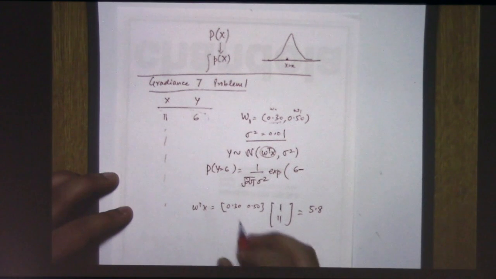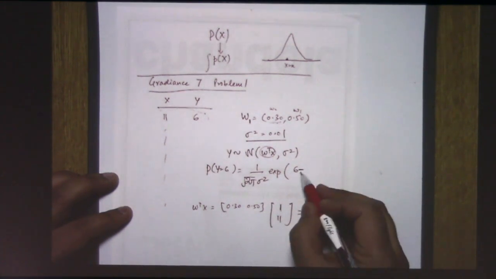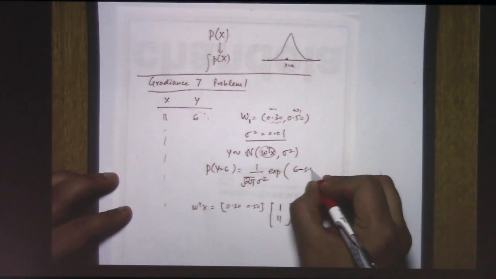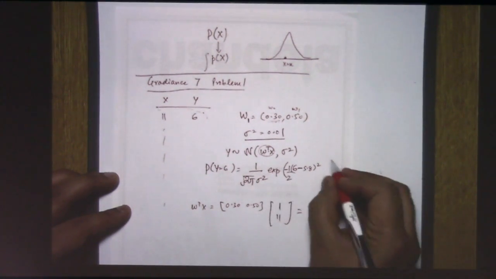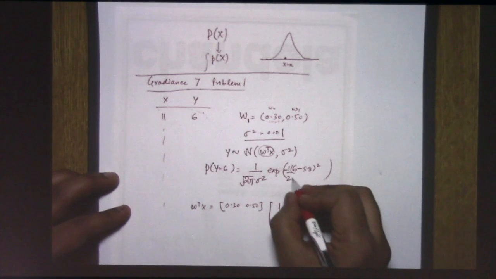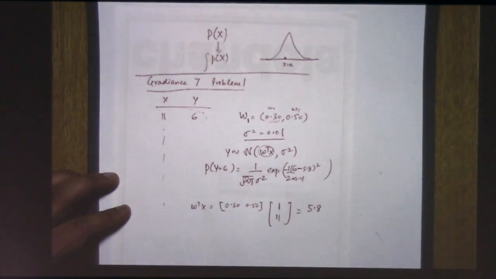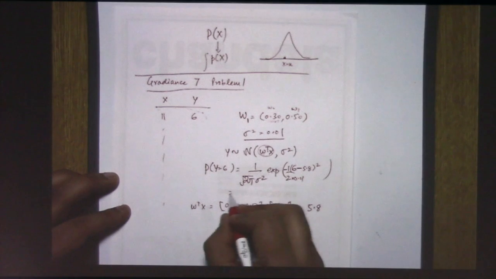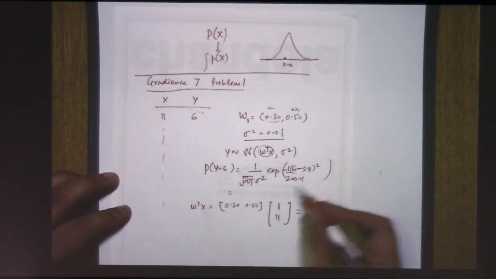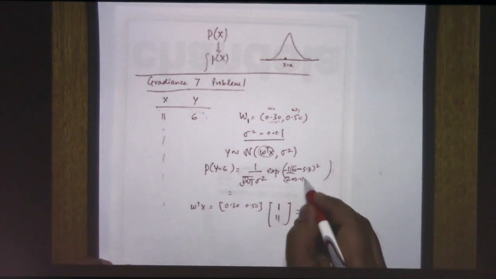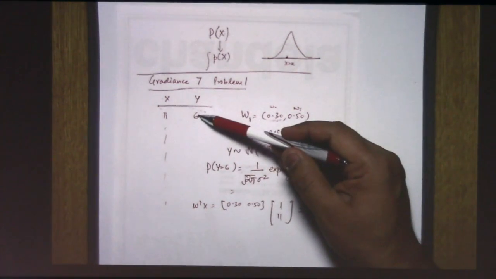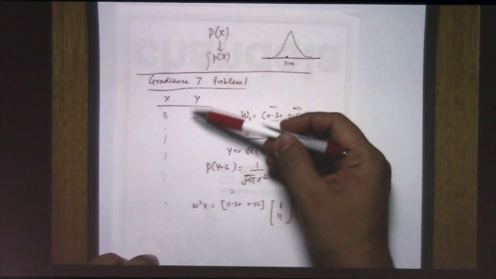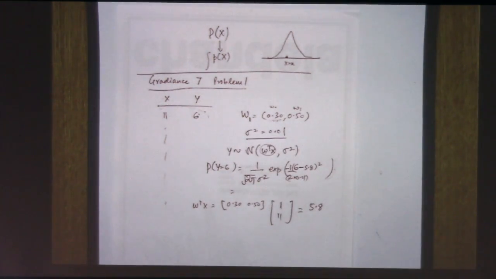So this will be w transpose x. So all you do is compute 6 minus 5.8 squared, and sigma square is 0.01. This is easy to calculate, it's just numbers. So this is the probability density at each data point, and now you can compute it for every data point and then multiply it. That will be the likelihood of your data set.